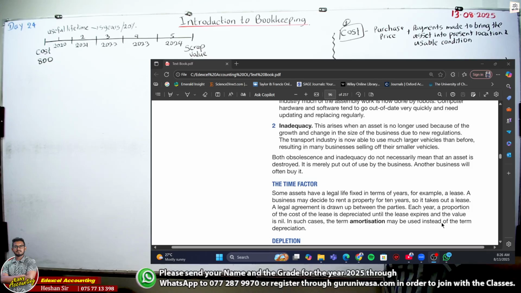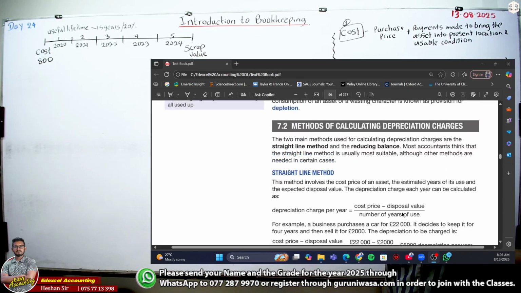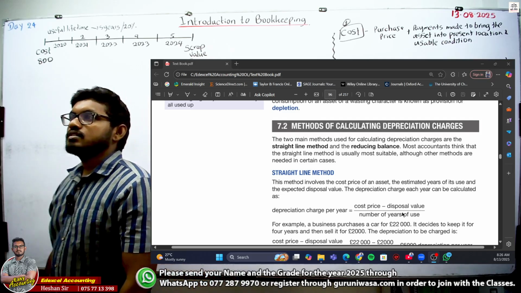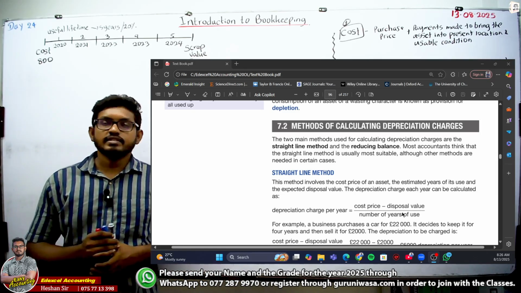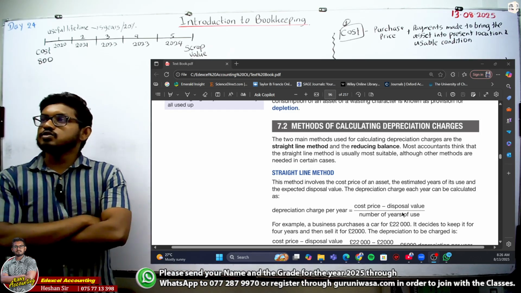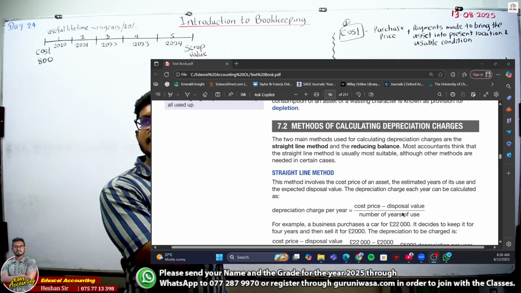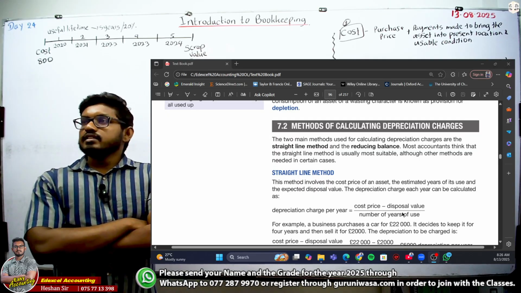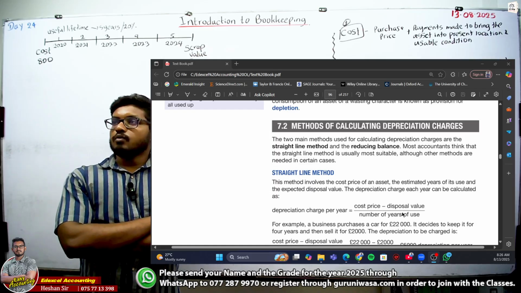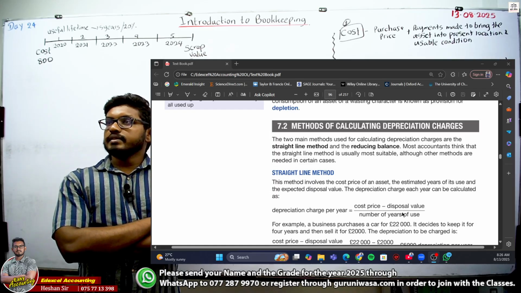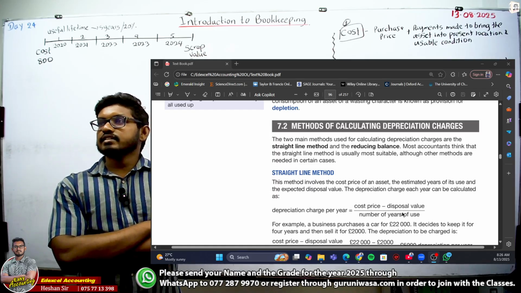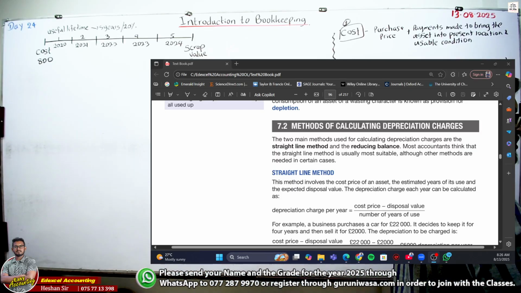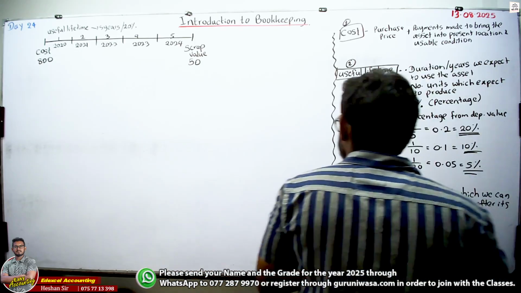I'll give enough time. There are two methods of calculating depreciation. The two main methods used for calculating depreciation charges are the straight line method and reducing balance. Most accountants think that the straight line method is most suitable, although other methods are needed in certain cases, right? Mainly there are two methods.